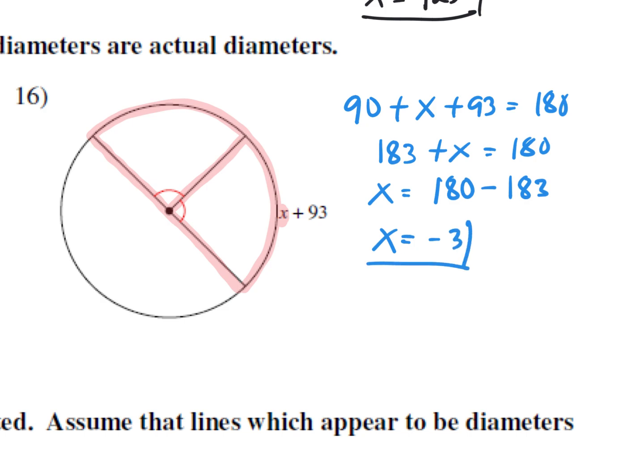Now, let's recheck it. Negative 3 plus 93 is going to give you 90 degrees. It means that this is 90 degrees and that's 90 degrees. It's going to be correct because this is a semicircle and a semicircle has only a total of 180 degrees.